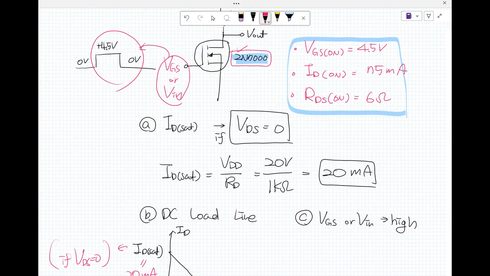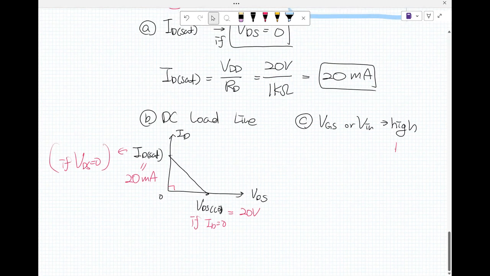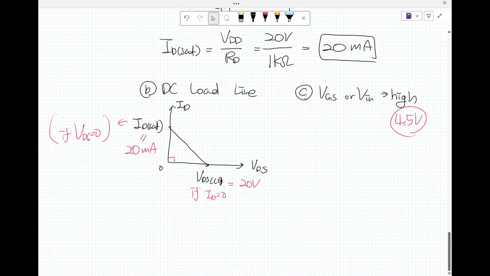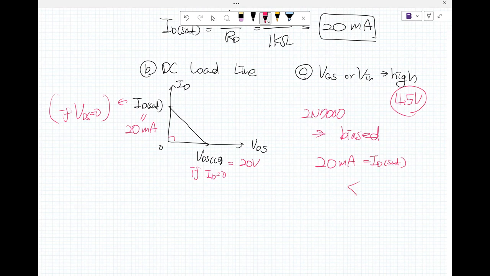The high is 4.5 volt. The 2N7000 MOSFET is biased because the condition is the 20 milliamp I sub D saturation less than what?